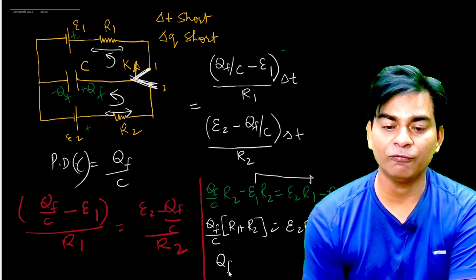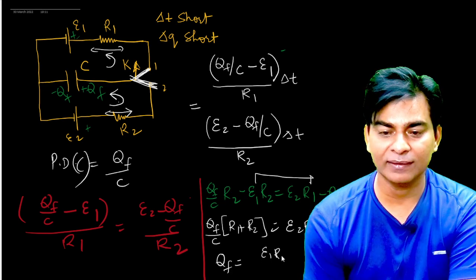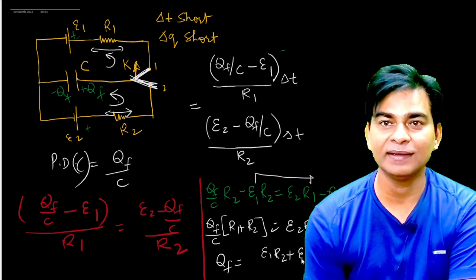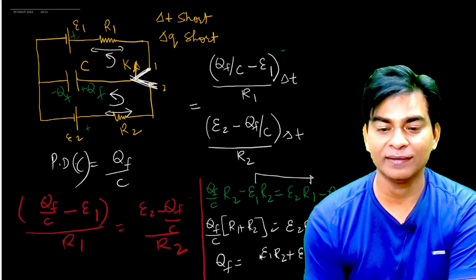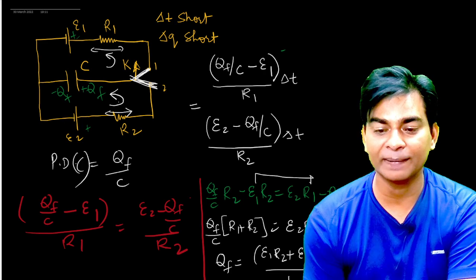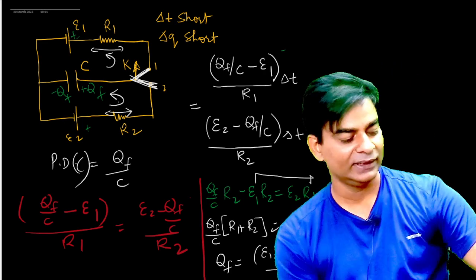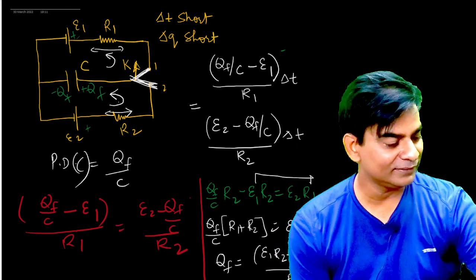Then Q final is equal to E1 R2 plus E2 R1, multiplied by C and divided by R1 plus R2. Let me check the answer.